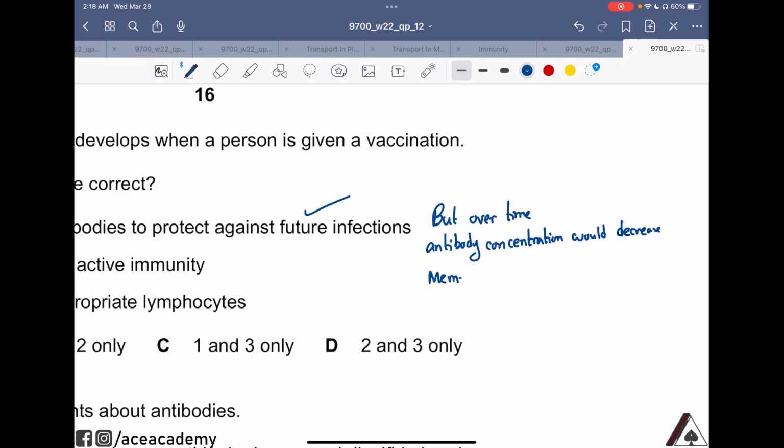Memory cells would still remain, so that if the same pathogen is encountered ever again, they can rapidly differentiate into plasma cells and the antibodies can be produced to destroy the pathogen without the person even having symptoms of the disease.